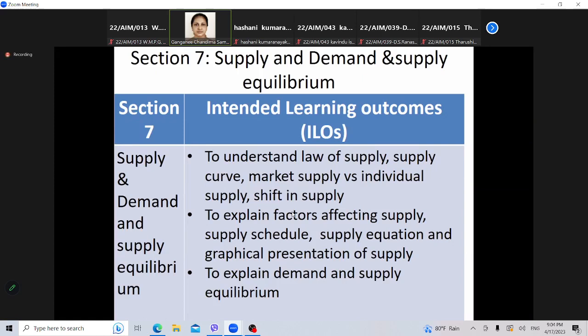Likewise, we need to understand the factors affecting supply, the supply schedule and supply equation, as well as graphical presentation of supply. Then finally, you need to understand the demand and supply equilibrium. I think all these points are clear to you. These are the intended learning outcomes.